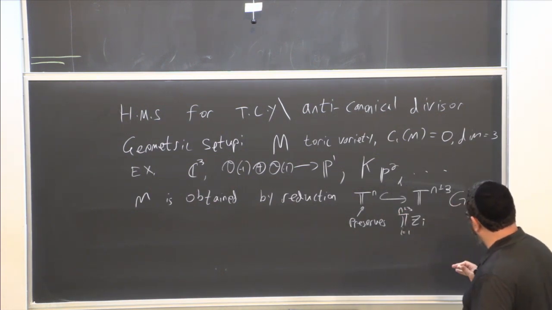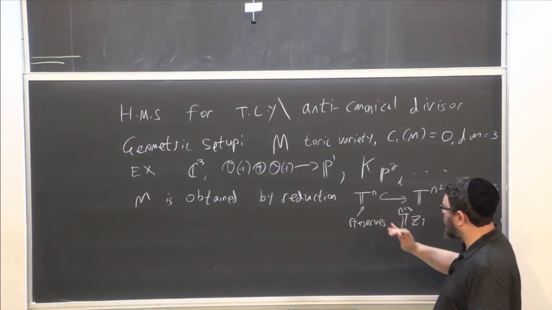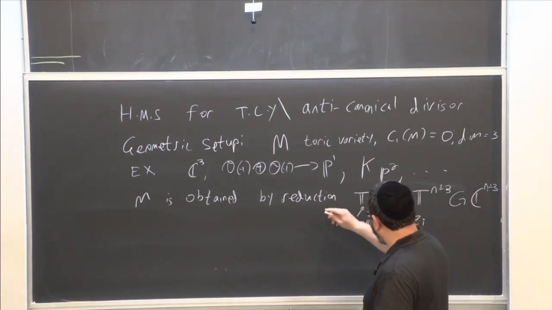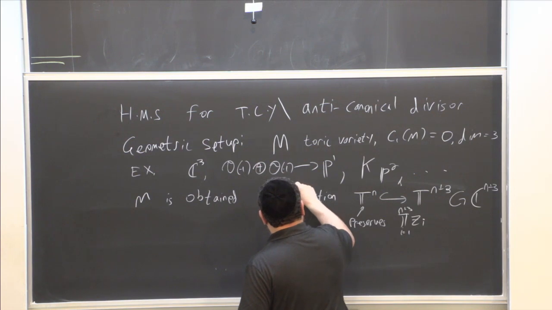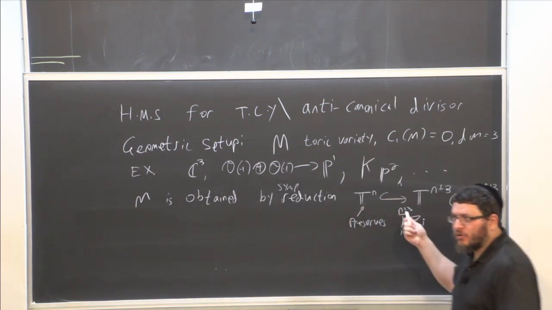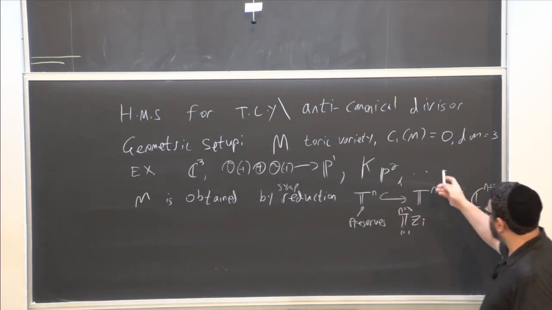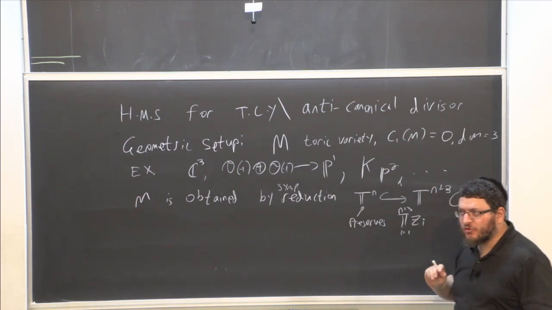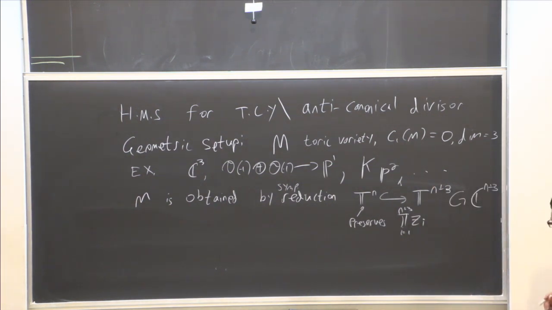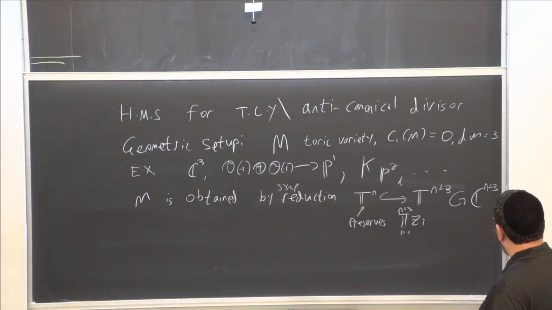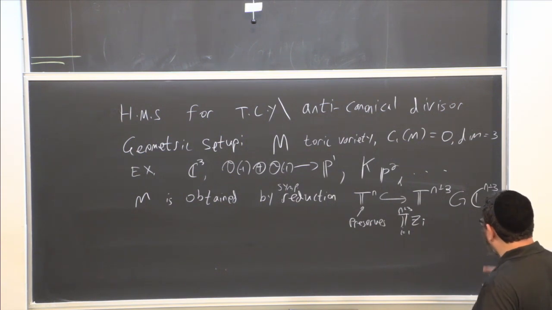That's required when you do symplectic reduction by a torus like this on C^n: you obtain something which satisfies that the Chern number is 0, and these are the manifolds under consideration.